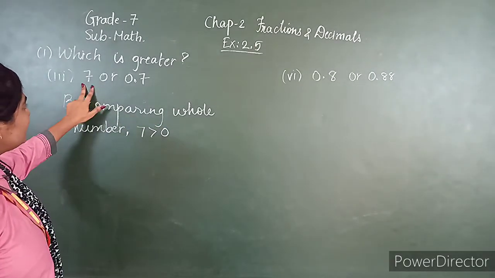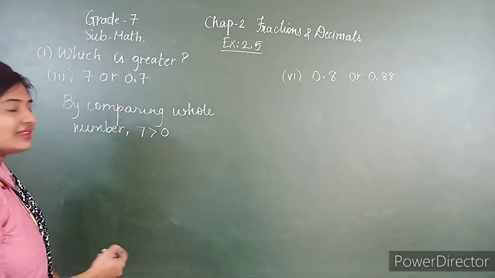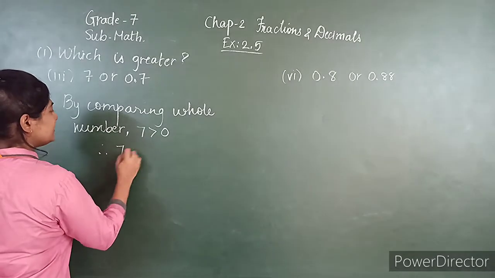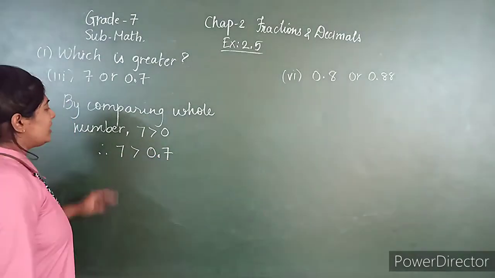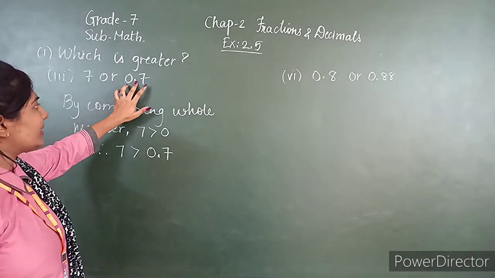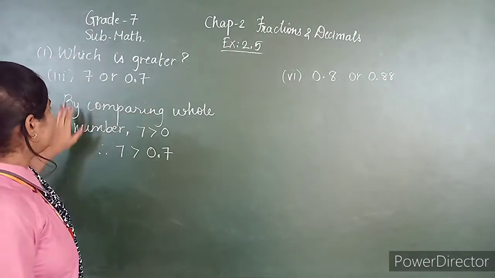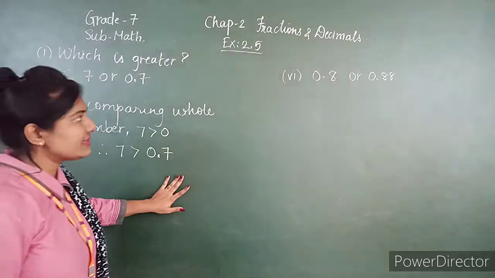So here 7 is greater than 0. Now we got that 7 is greater than 0, so no need to compare the 10th place digit. So our answer is 7 is greater than 0.7.